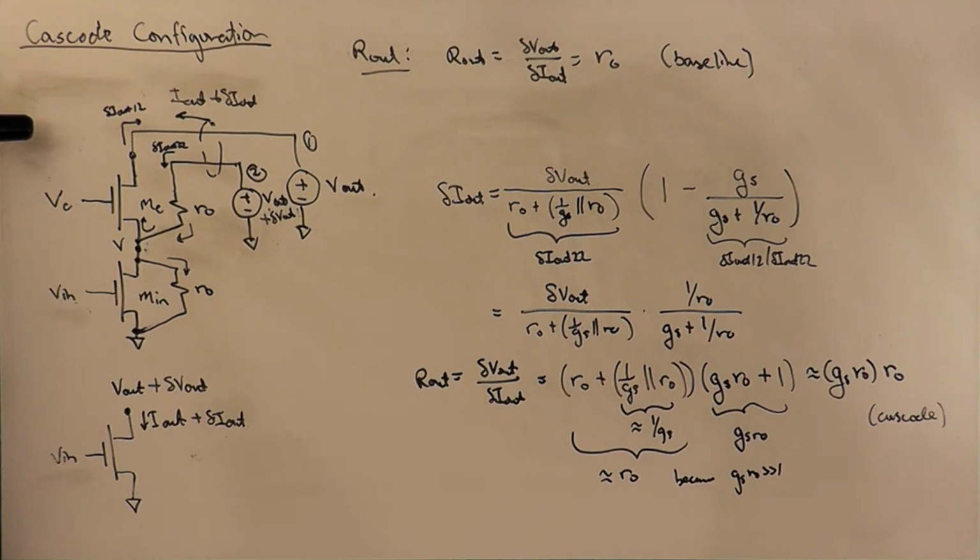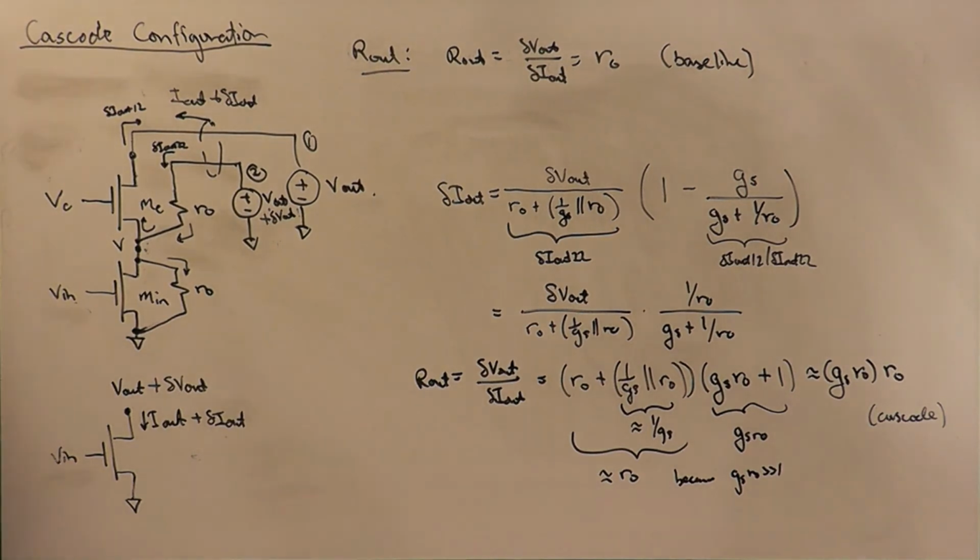If we add cascode transistors to the output branch of the circuit, we would not affect negatively the transconductance part of the calculation. We would leave that basically unaltered, but we would vastly increase the output resistance. And so the product GM times R out would actually be improved by the factor by which we've improved R out.